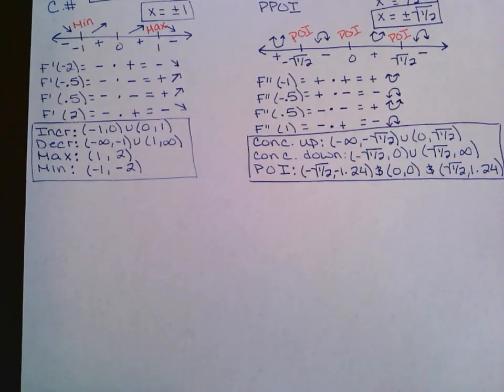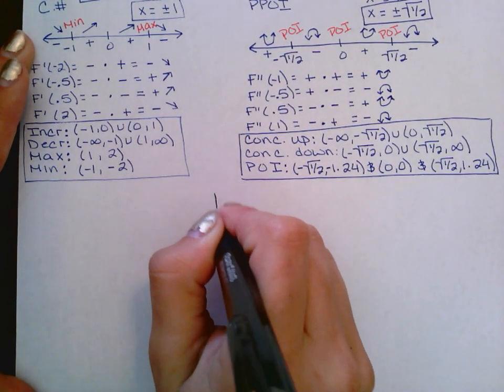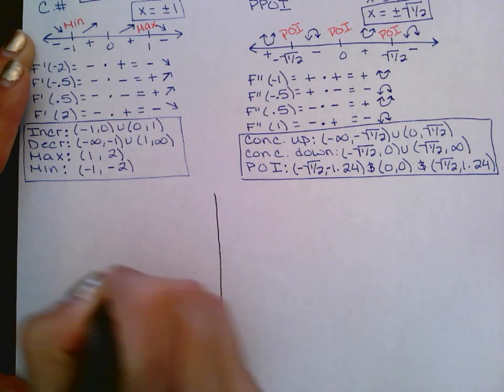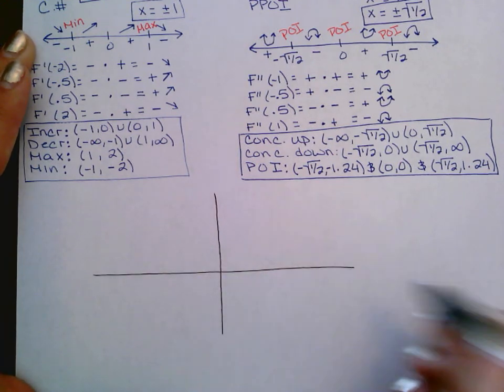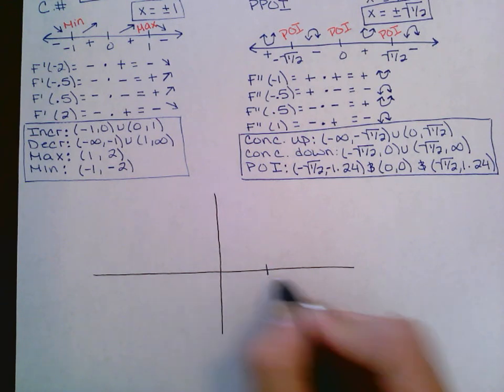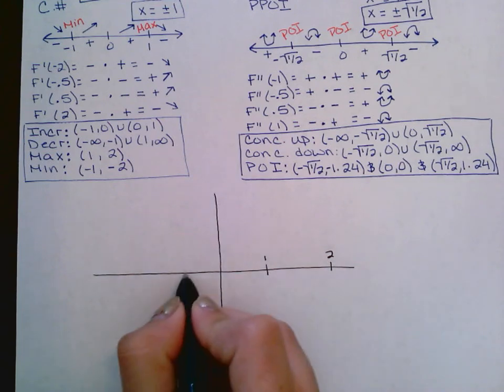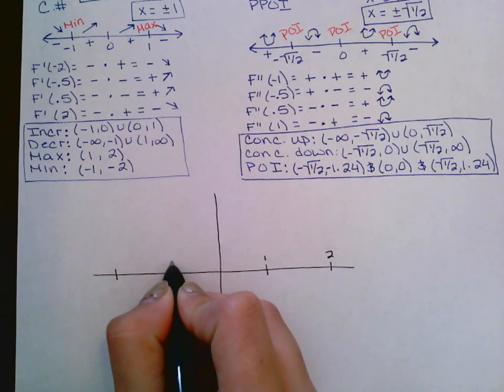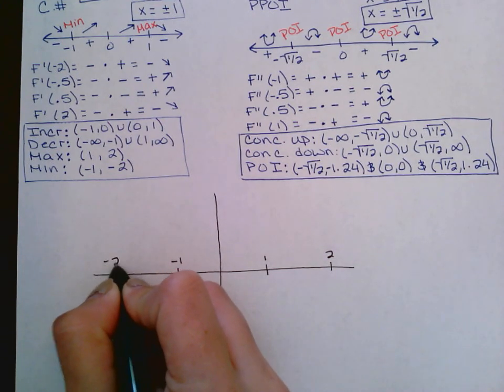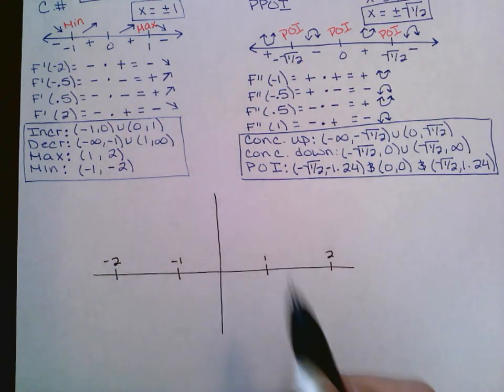Let's use that information to draw our graph. Okay. So let's say I draw from 1 to 2, -1, -2, and then again the highest I go on my x values for max and min is also 2.